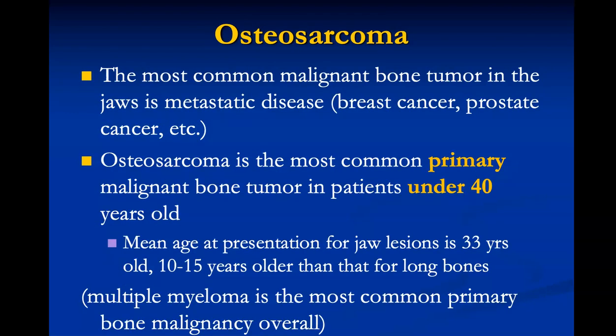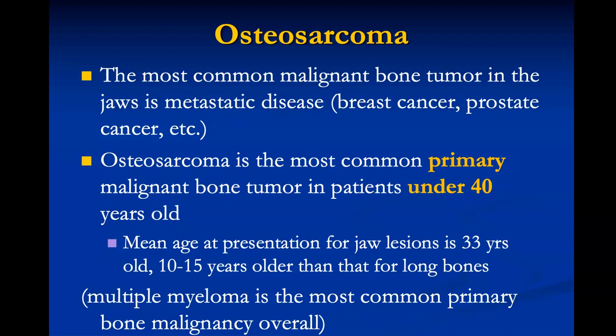So our next lesion is osteosarcoma, and this is a malignant tumor of bone formation. When we talk about malignancies within the jaw, the most common malignant bone tumor is actually a metastasis from somewhere else in the body. So breast cancer metastasizing to the mandible, for example, or prostate cancer metastasizing to the maxilla.